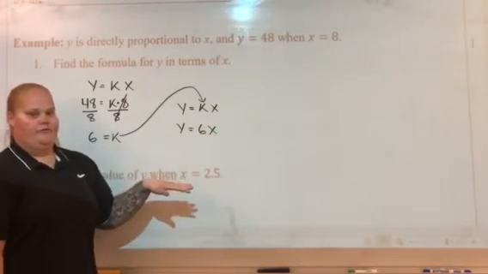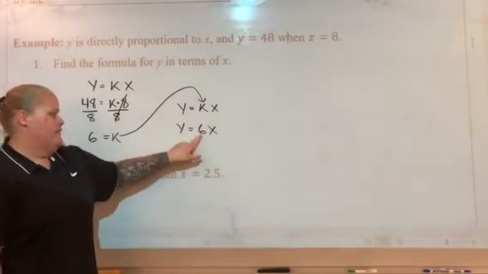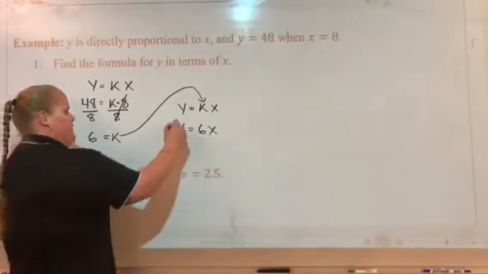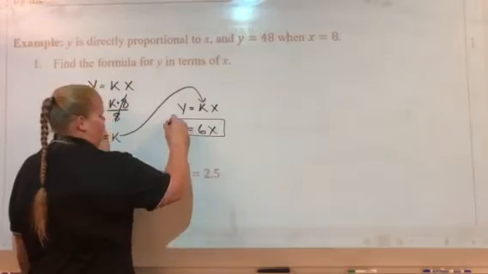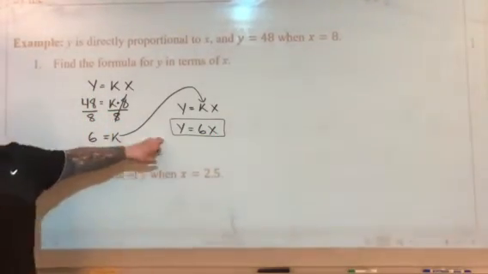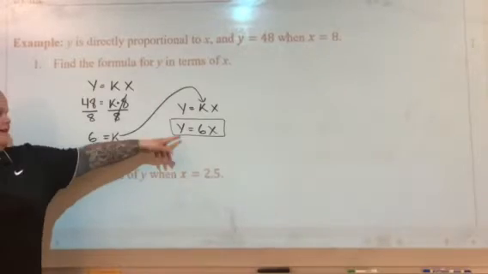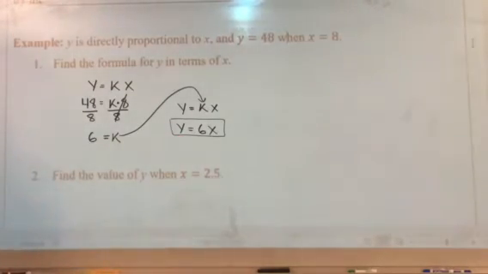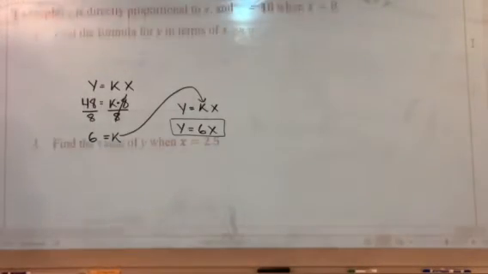I don't have any other variables. I know that k is going to equal 6. This is the formula. We're going to be using this formula where k is 6 for the next two examples. So keep that in mind.